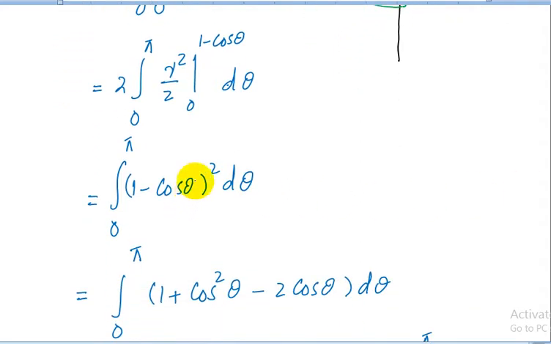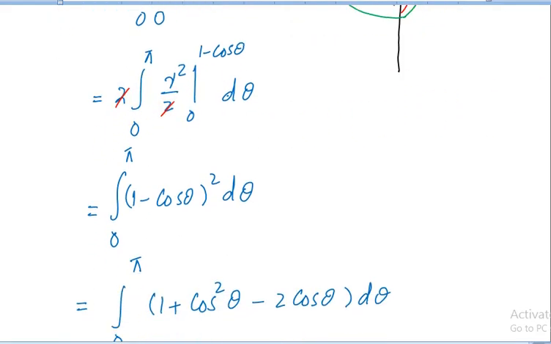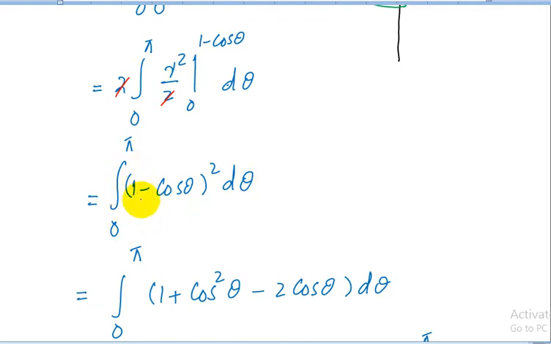In the next step, the 2 cancels with the 2, and it becomes the integral from 0 to pi of, using the upper limit, 1 minus cos squared of theta minus 0. So it becomes 1 minus cos squared theta d theta.